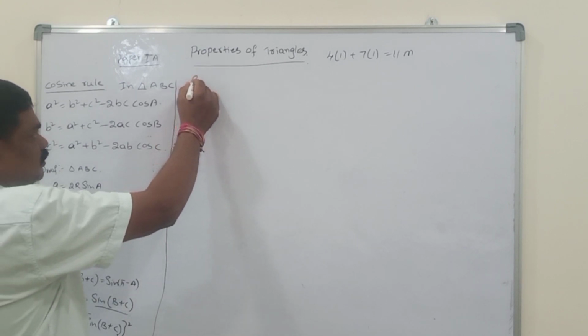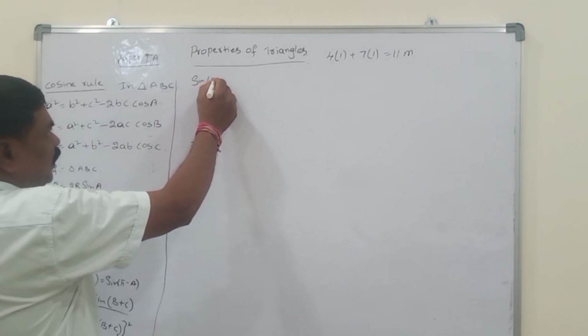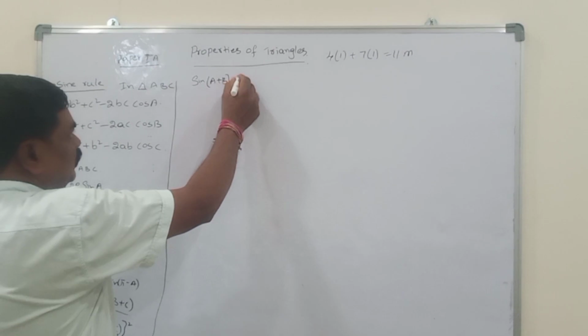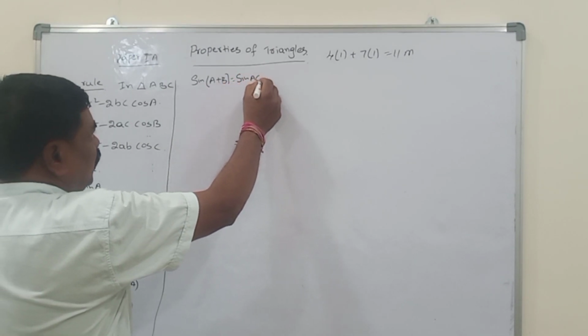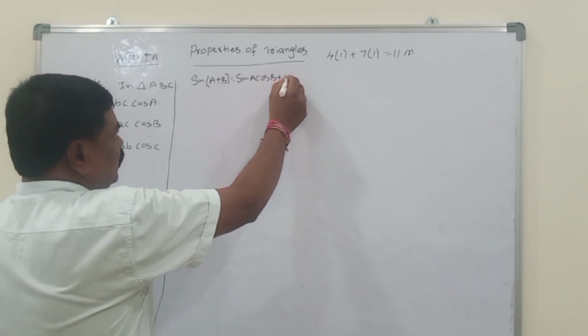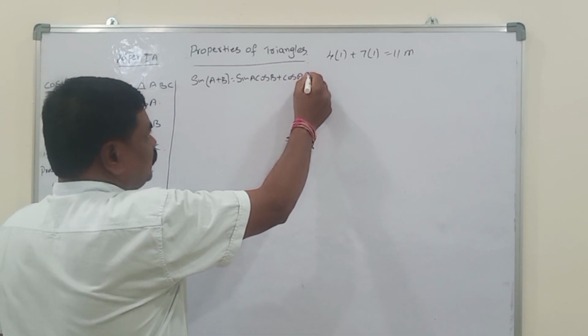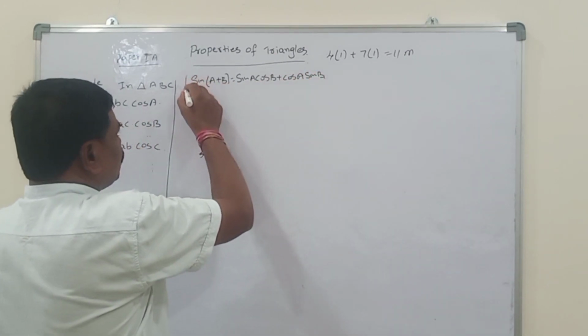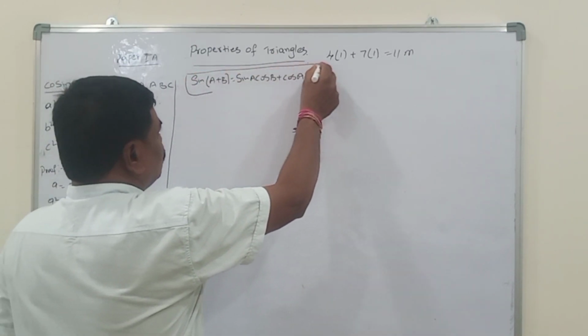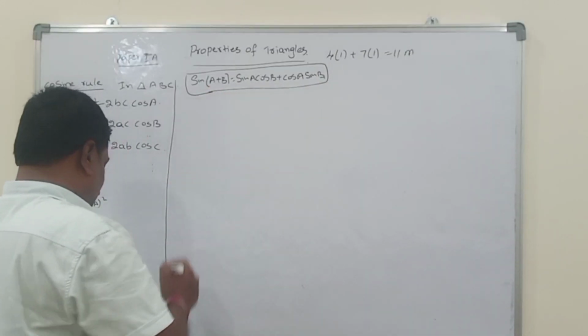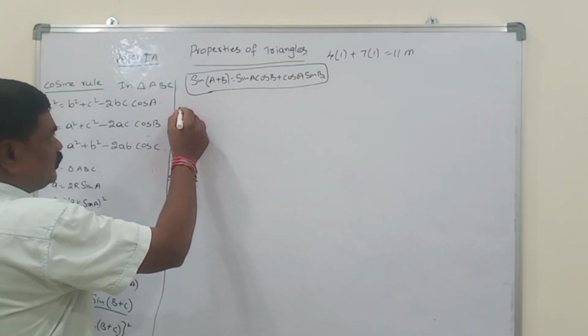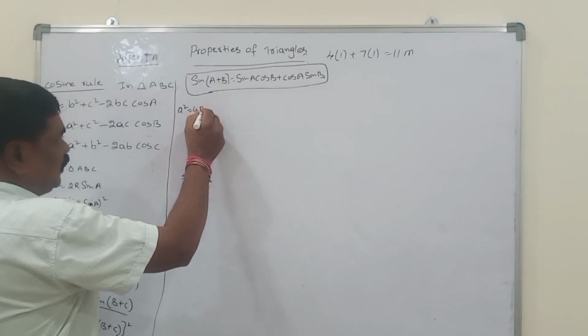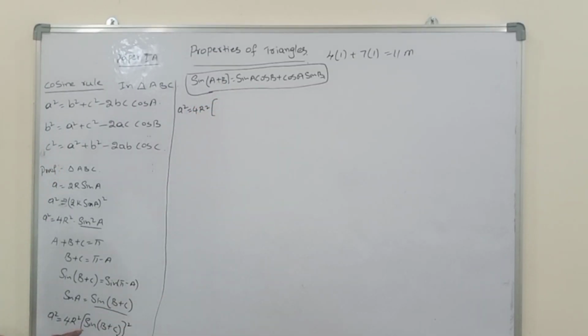We know that sin of A plus B is equal to sin A cos B plus cos A sin B. This is the compound angle formula. By using this formula, a square is equal to 4R square into sin of B plus C whole square.